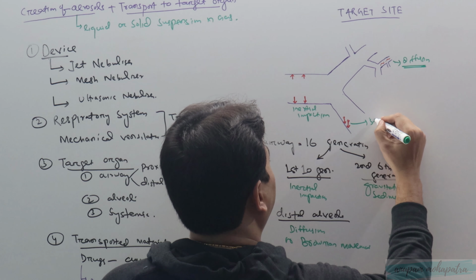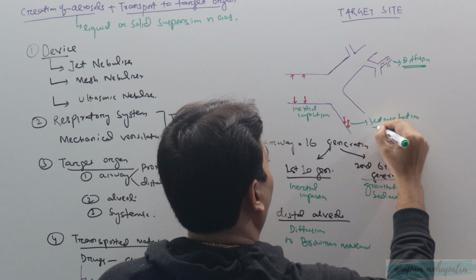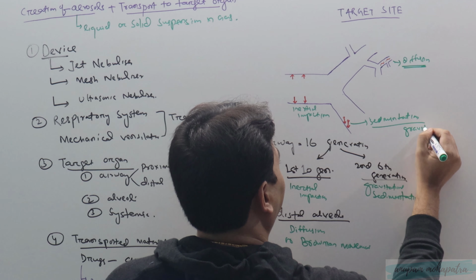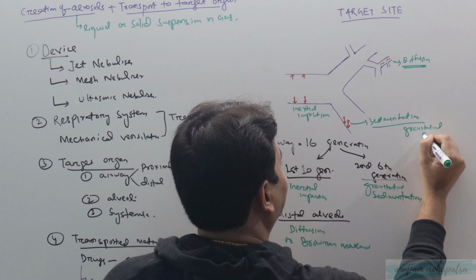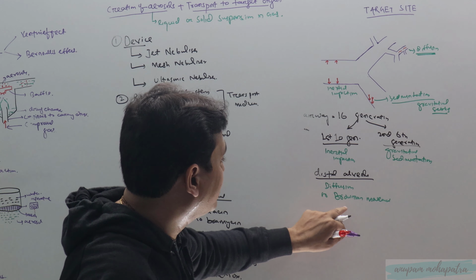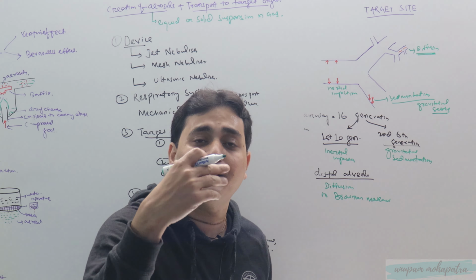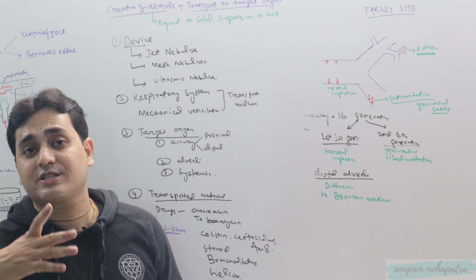This is sedimentation or gravitational settling, right? So diffusion or Brownian movement is the most major way how the aerosol is provided to the target organ. And how to understand it?